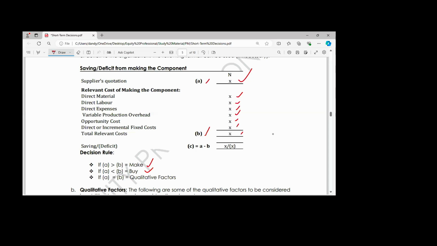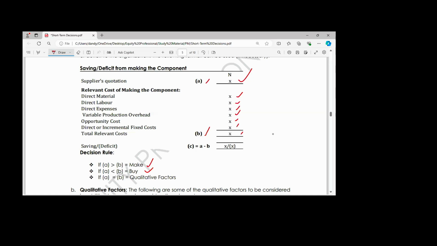Now, if the company wants to make the component internally, what are those factors you must take into consideration? Say, for example, you want to produce component A. The first thing that should come to your mind is, do you have the technical know-how to produce the component internally?